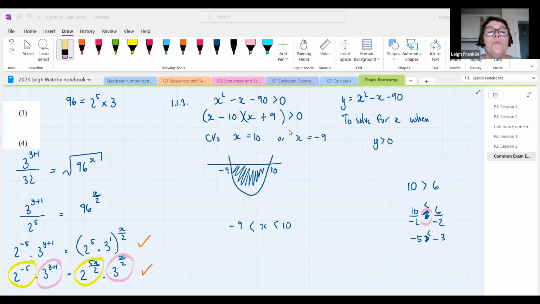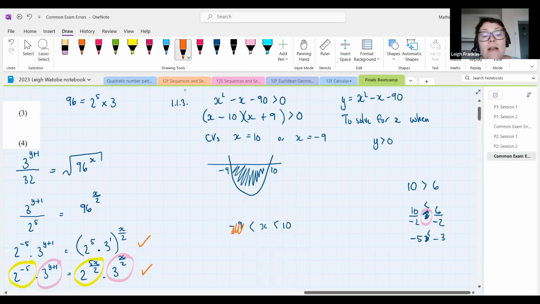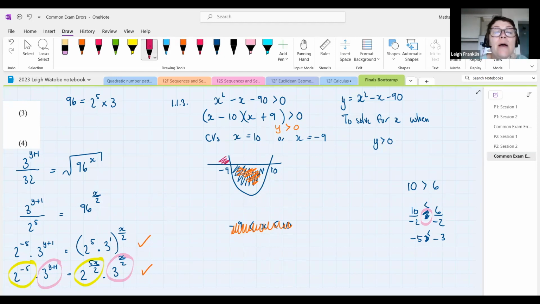Okay, so in terms of our answer for this particular one, that is not the correct answer. Shading here is not the correct place to shade, because they are asking us where y is greater than 0. Y is greater than 0 over here and over here.